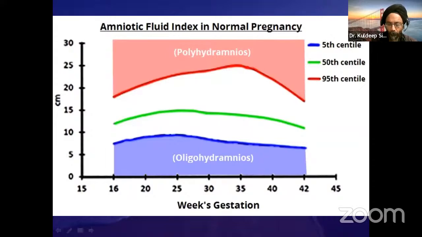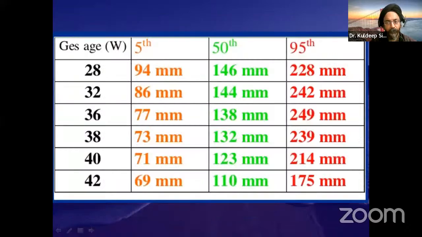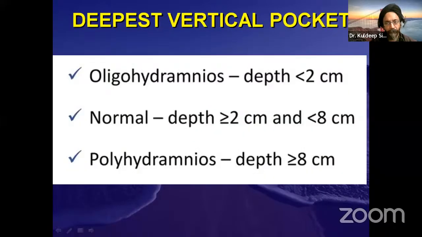Otherwise, you can go through your books as well, which shows you where exactly is the 50th or the 95th percentile, or between 5 to 25 centimeters, at various ages where you're looking at the 5th, the 50th, and the 95th. For a deepest vertical pocket, the depth of it between 2 to 8 centimeters is normal.